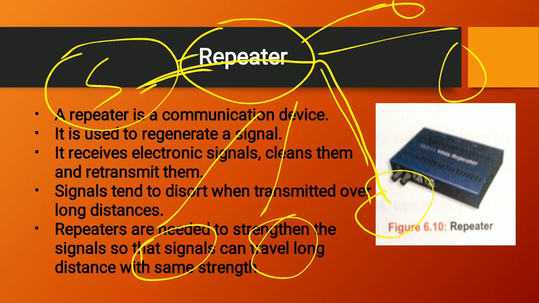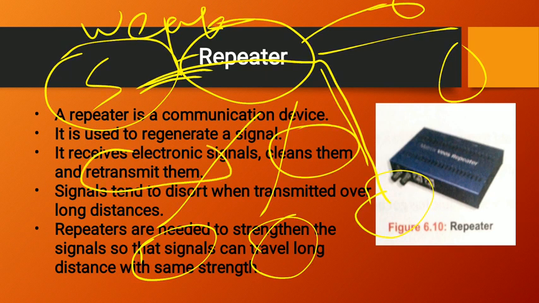So when the data is sent to the repeater, and if the repeater gets to know that the signals are weak, what it will do is regenerate, which means it will clean the signal first, then it will retransmit the signal.